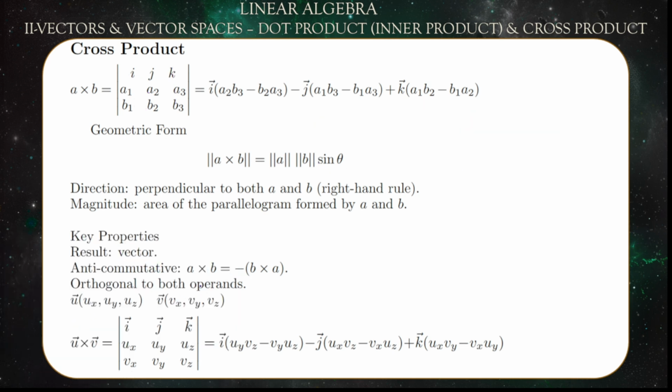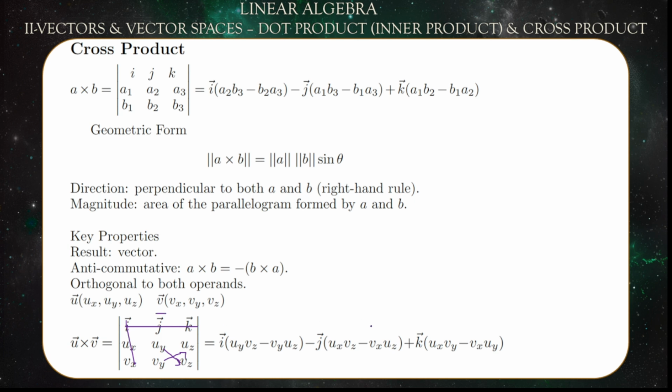And orthogonal to both operands. So U, V, you have U with Ux, Uy, Uz, V with Vx, Vy, Vz. U cross V gives us i, j, k, Ux, Uy, Uz, Vx, Vy, Vz, which is equal to I multiplied by Uy, Vz minus Vy, Uz.